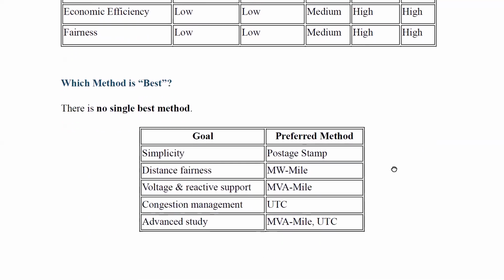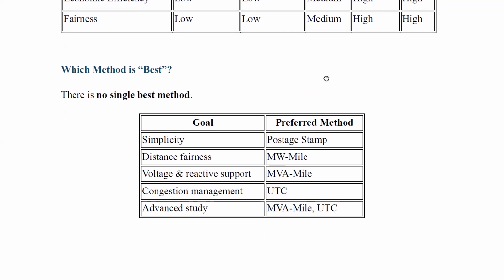Next, which method is the best? No single method is the best, because, as we discussed, each has a different main goal. For the postage stamp method, the main goal is simplicity, but it is not used now, though they might have used it earlier. The contract path method is also about simplicity, so it is not used. For the megawatt mile method, distance fairness is there.